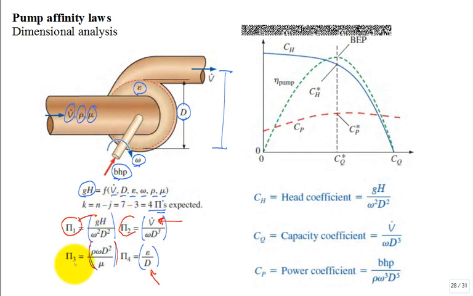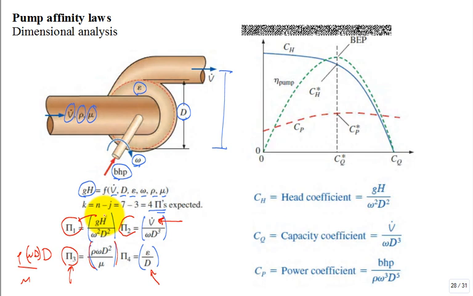What is this third pi group linked to? Well, that's a little harder to see, but you see the rho over mu, and you see a diameter. Oh, wow. If I just had a V right there, that would be it. Wouldn't it be a Reynolds number? A ratio of inertial to viscous? But in this pi group, they put an omega D, which has the same properties as a V, same properties as length. So this is like a Reynolds number.